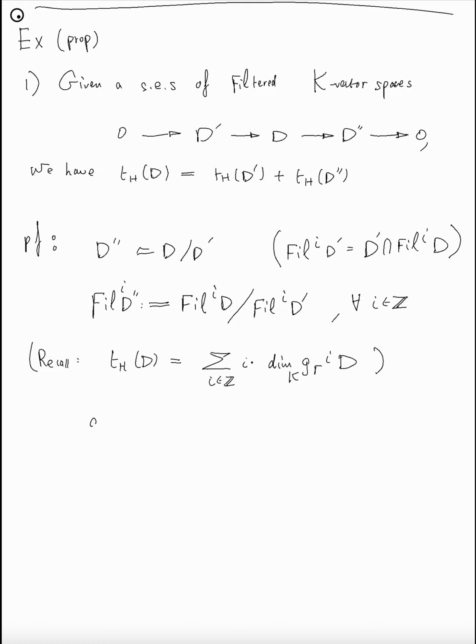The K dimension of the graded piece I of D double prime is hence the dimension of the graded piece of D minus the dimension of the graded piece of D prime.